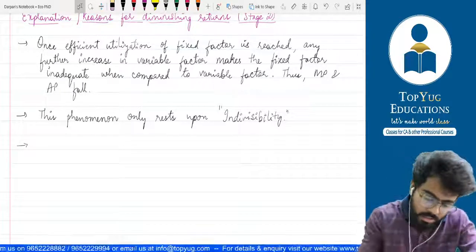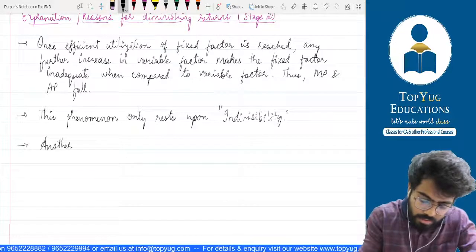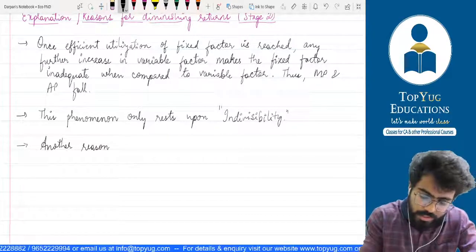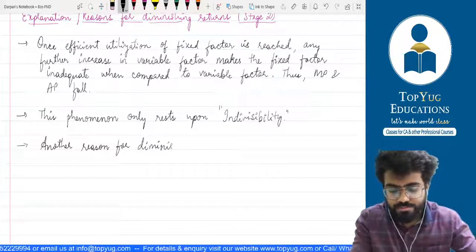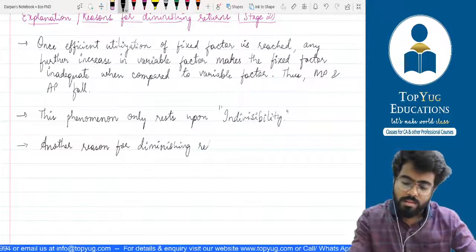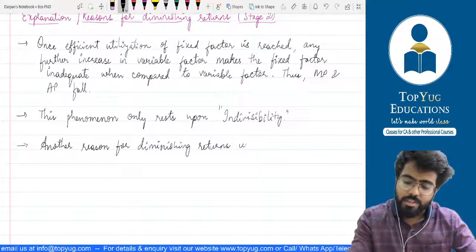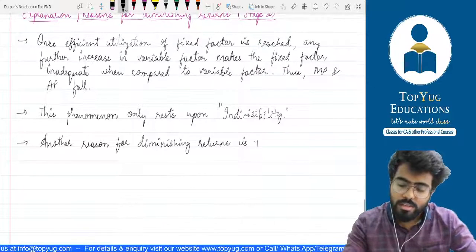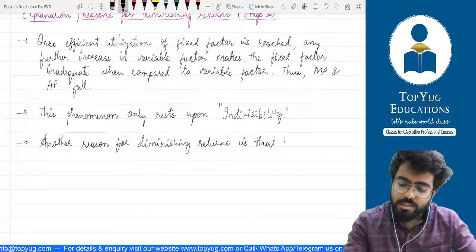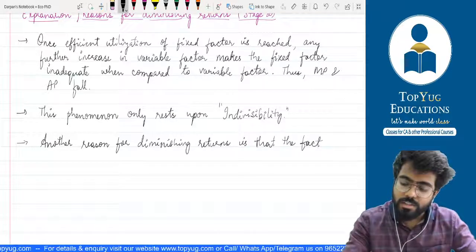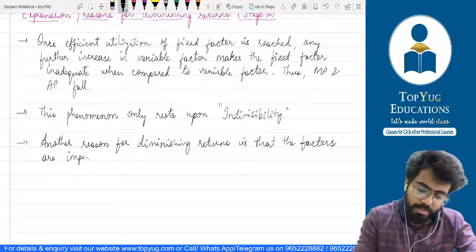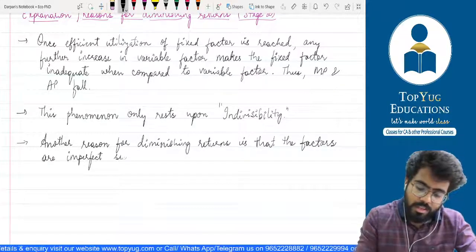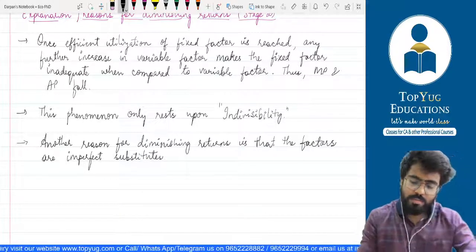All right, so write down another reason for diminishing returns. Another reason for diminishing returns is that the factors are imperfect substitutes.